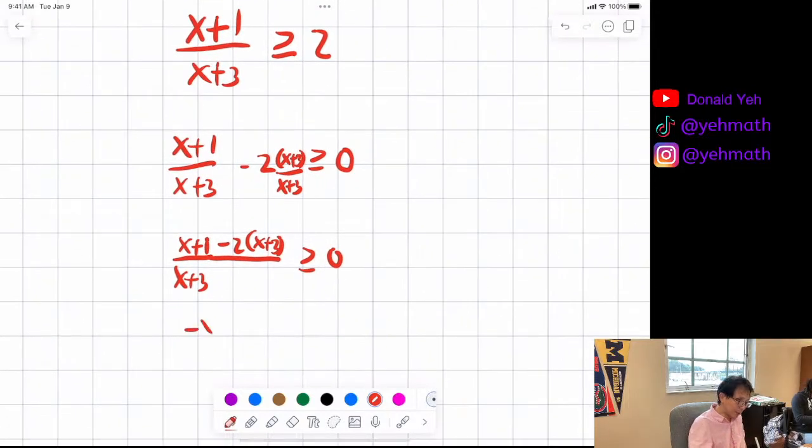So here it's going to be negative x, and I think minus 5.